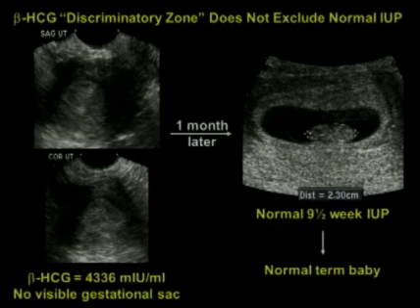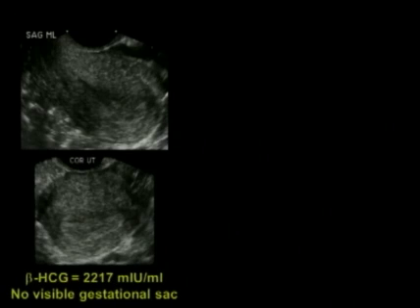This is one example. Here's another one. This woman came into the emergency room for pelvic pain. Her beta-HCG was a little over 2200. She had an ultrasound, no visible gestational sac.